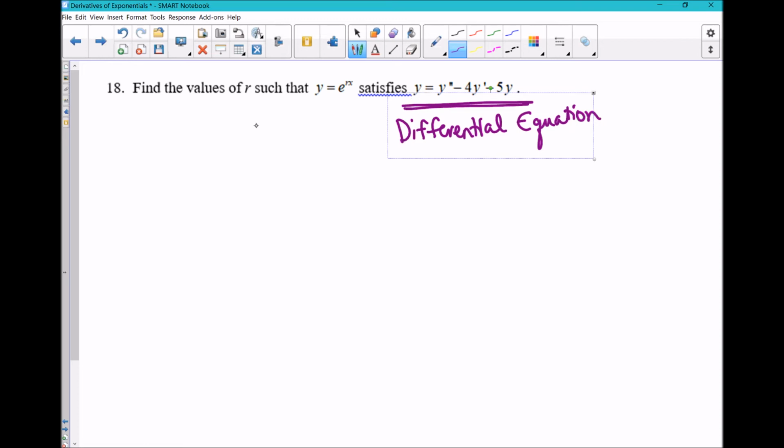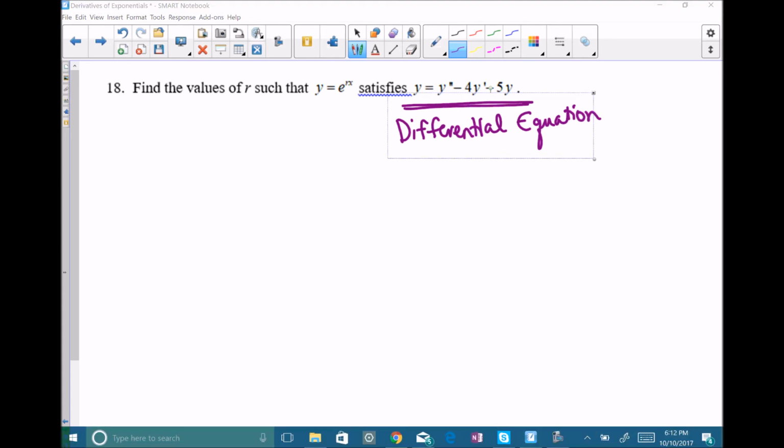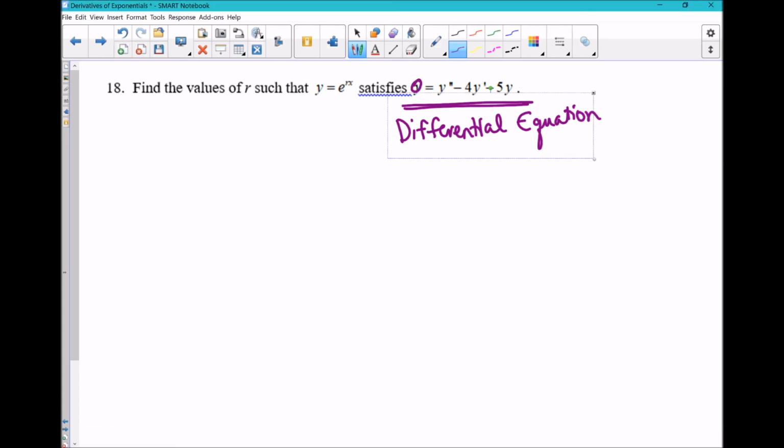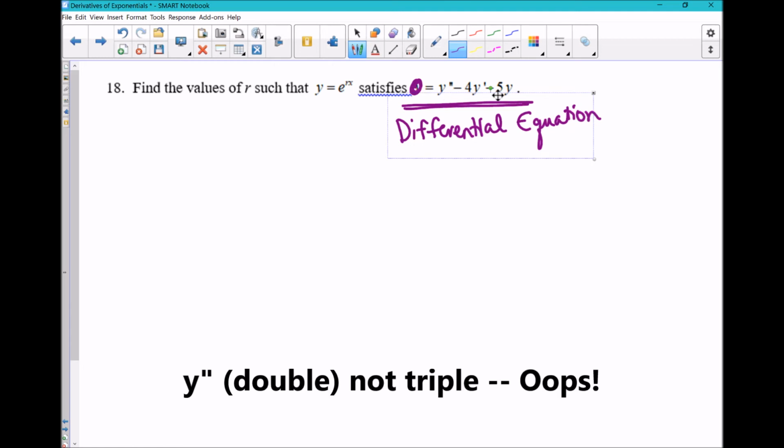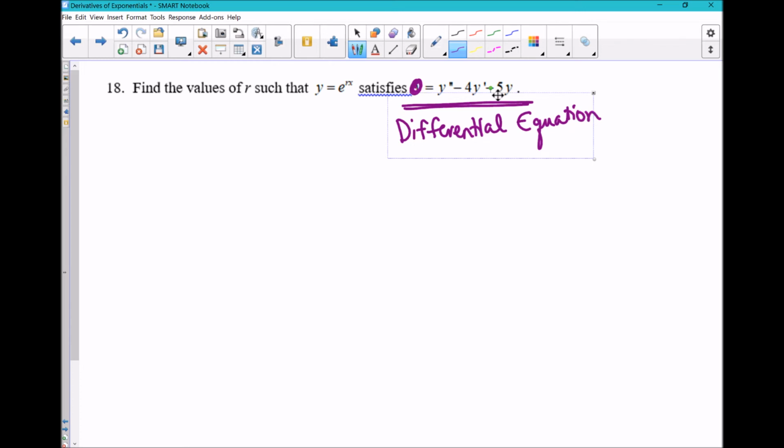So this is saying, find the values of r such that, and this should really say a 0 right there, excuse me, 0 equals y triple prime minus 4y prime minus 5y. I believe on your paper it's got a 0 as well.